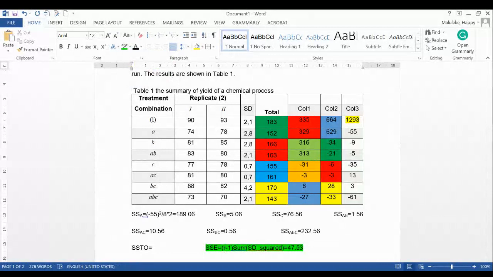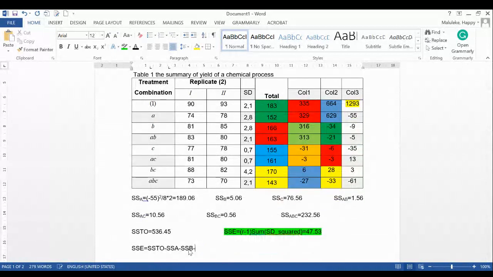What is your SSTO? 563.45. 536, right? 563. 563, sorry.